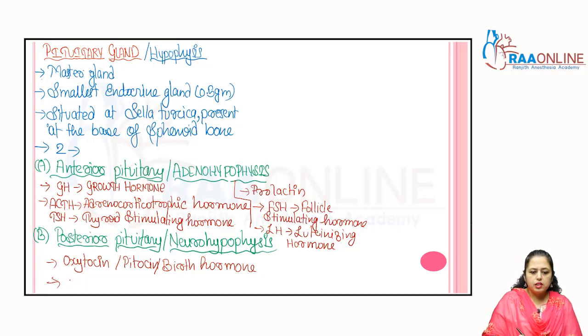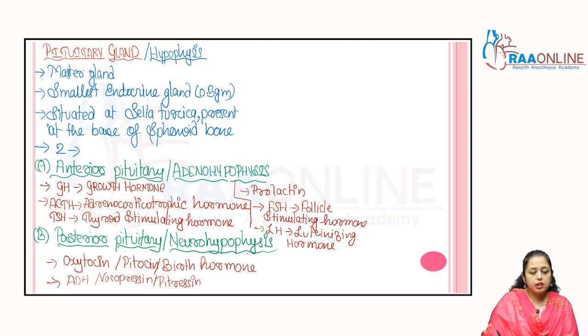And the second one is ADH, which is also known as vasopressin, that is antidiuretic hormone, right?